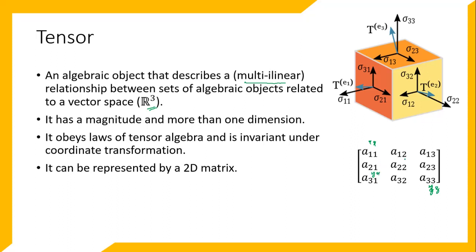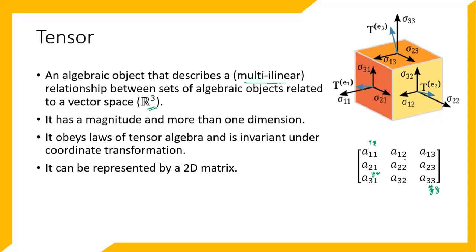So we represent a tensor in the form of a matrix. Now, don't get confused here. Not every matrix is a tensor. A matrix is just a collection of elements that we use in mathematics for analysis, but a tensor can be represented in the form of a matrix. So a matrix can be called a tensor only if it obeys all the laws of tensors.